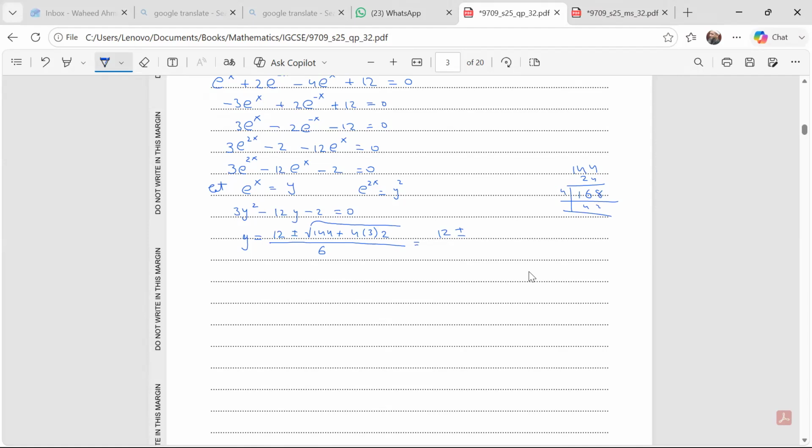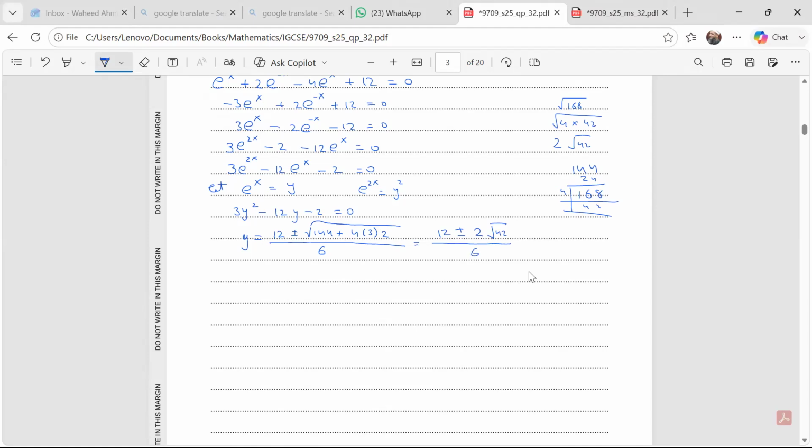The square root of 168 is the same as the square root of 4 times 42. So 4 comes out as 2, and it will become 2 root 42 divided by 6.